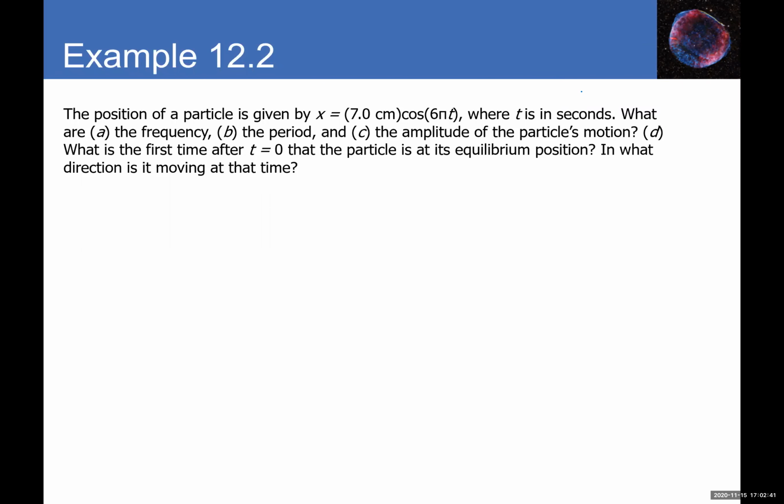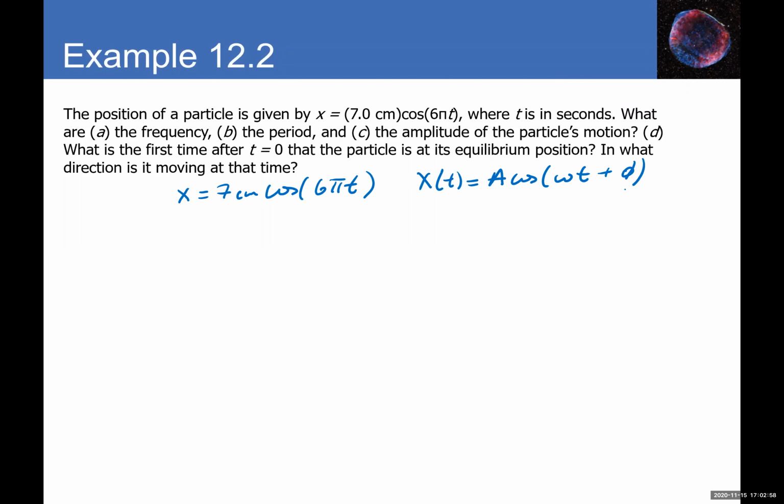All right, so then what you do is this. You say, okay, x equals 7 centimeters times cosine of 6 pi t, and basically compare it to the general equation where you have A cosine of omega t plus phi.